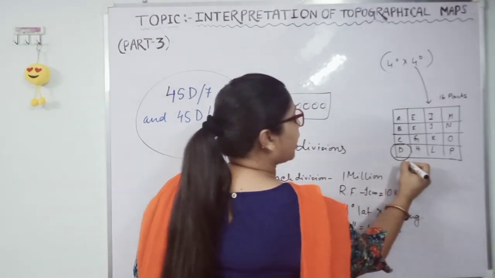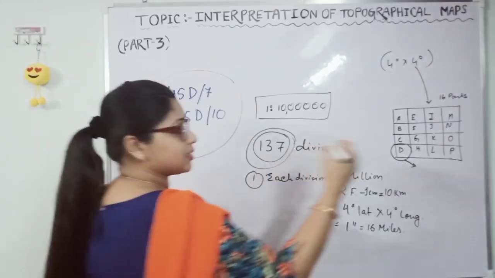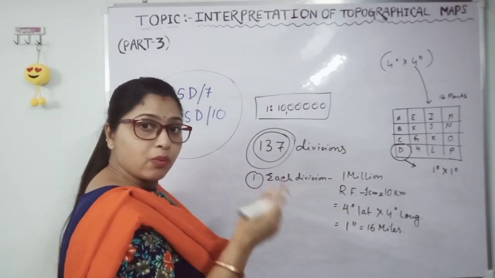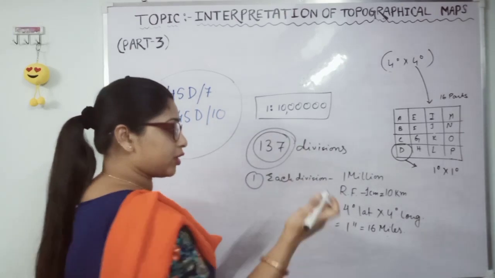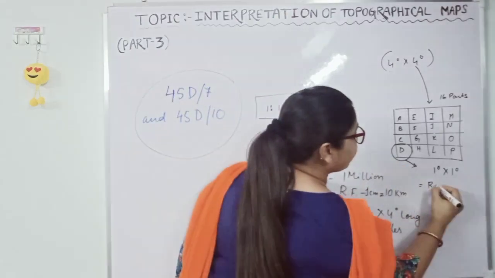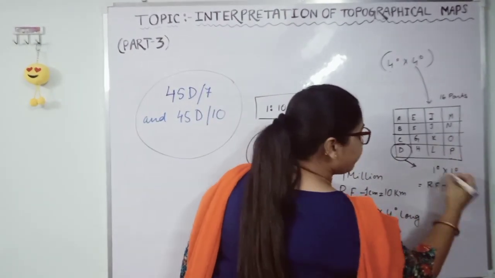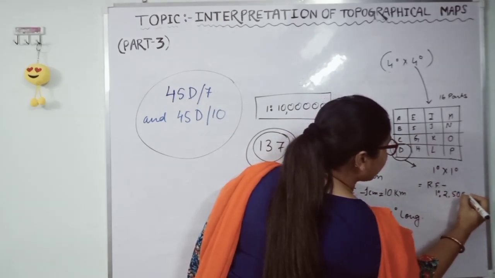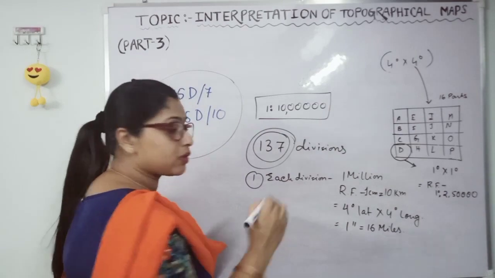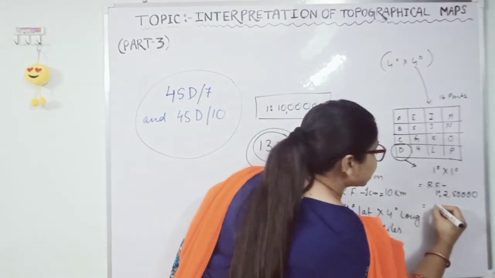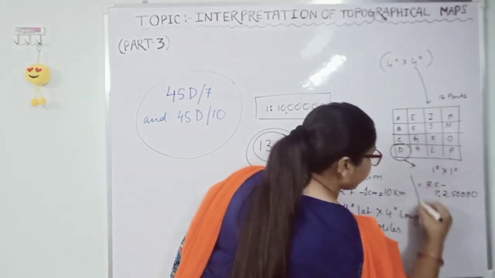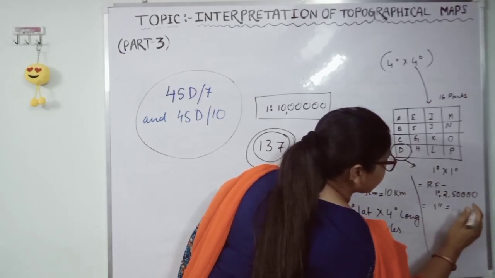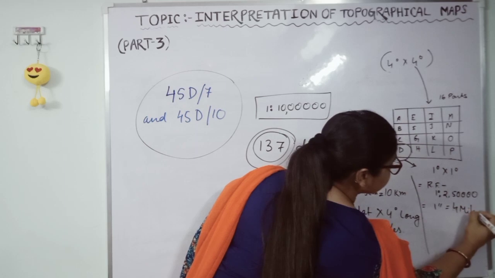and each part has 1 degree latitude by 1 degree longitude. The RF is 1:250,000, and the scale is 1 inch equals 4 miles.